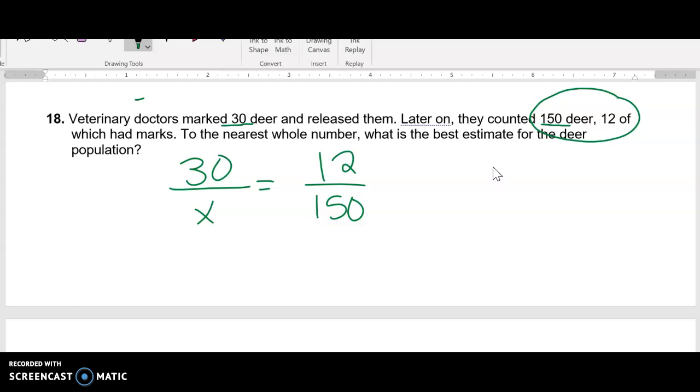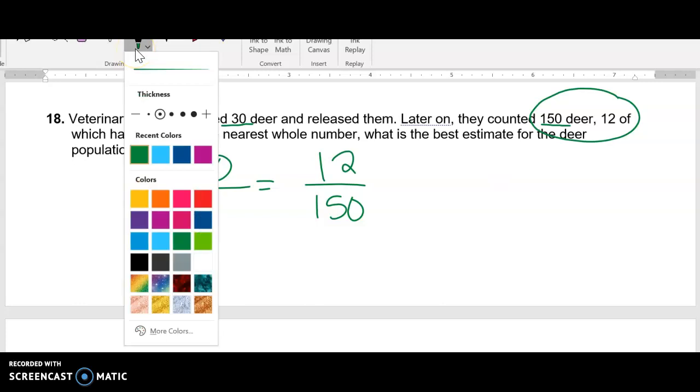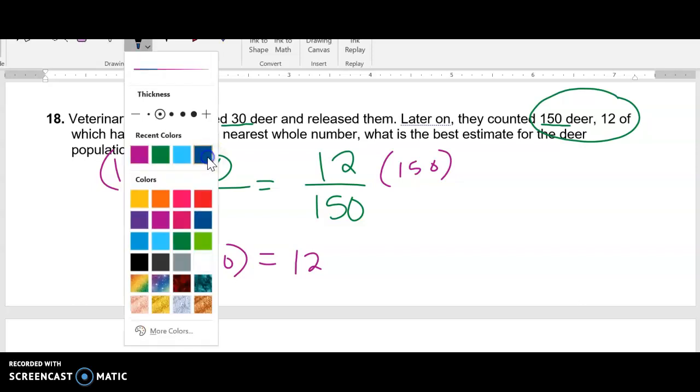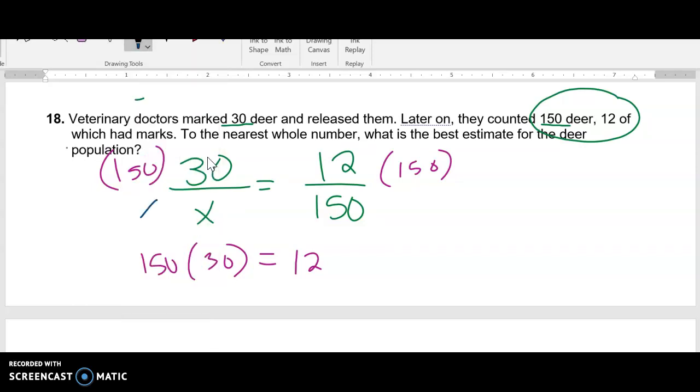What you would do is get rid of the denominator by multiplying by 150 on both sides. So that would be 150 times 30 equals 12. Then I'm going to multiply both sides by x, and that would be 12x.